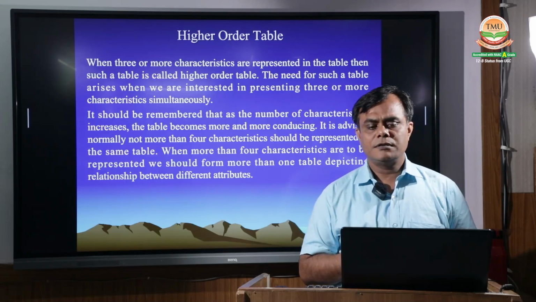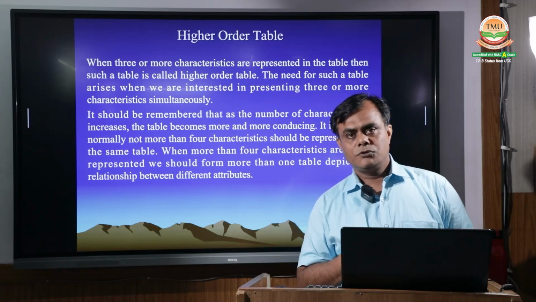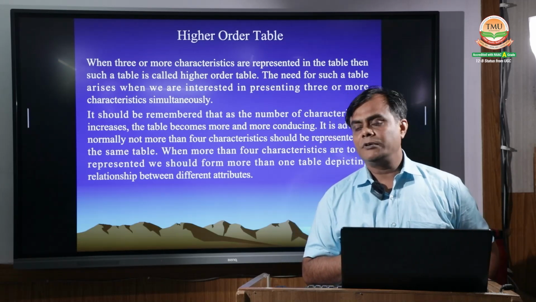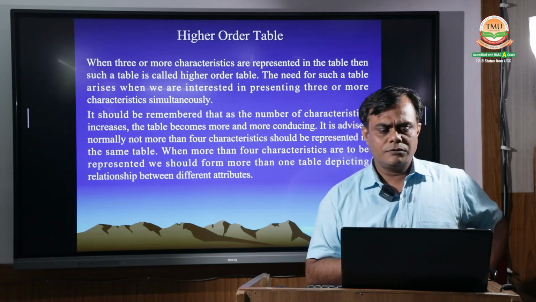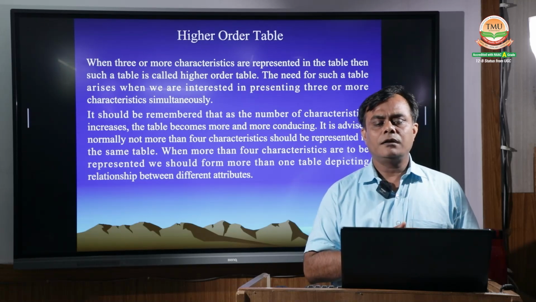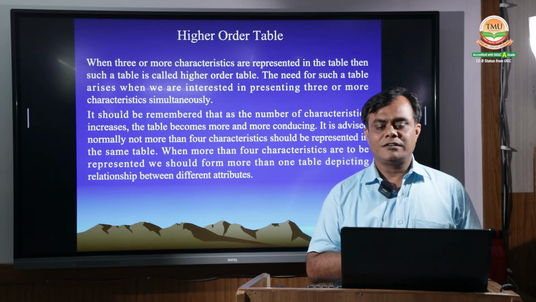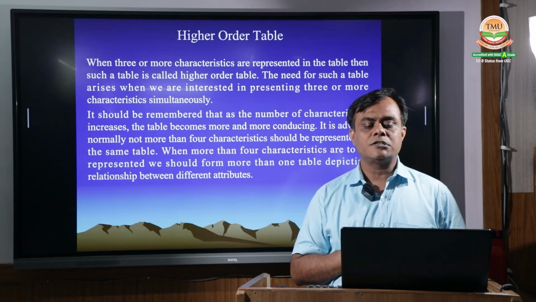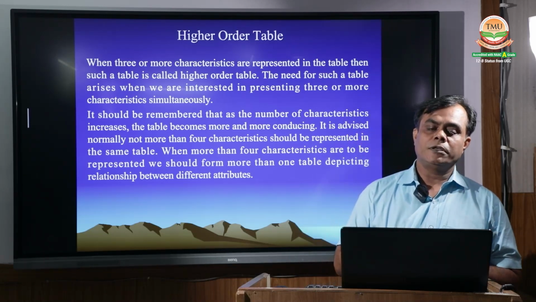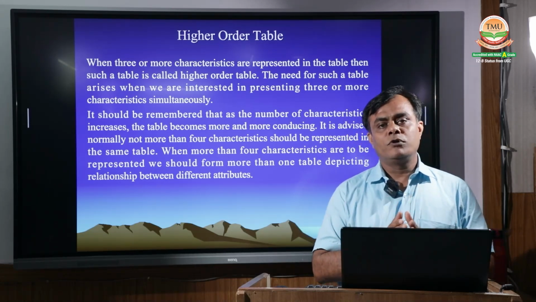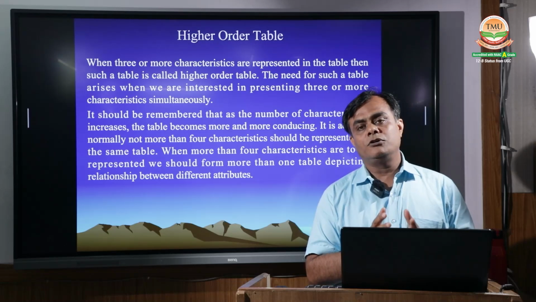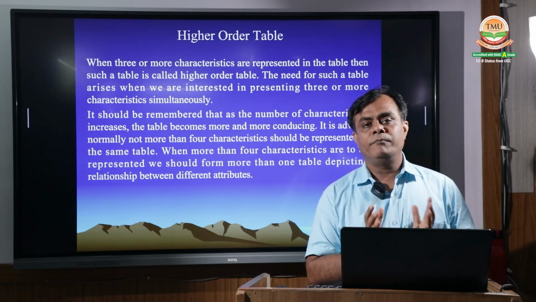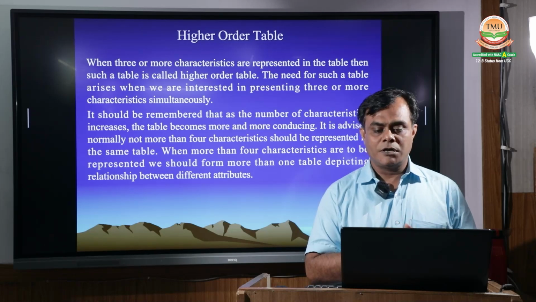Next slide is the higher order table. In a higher order table we can see that when 3 or more characteristics are presented in a table, then such a table is called a higher order table. So simply when there are 3 or more characteristics in a particular table, that table becomes a higher order table.